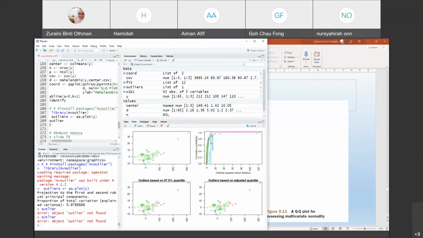If we zoom in on the same graph, the 97.5 quantile is here, and this is the adjusted quantile. We make it more to the right.